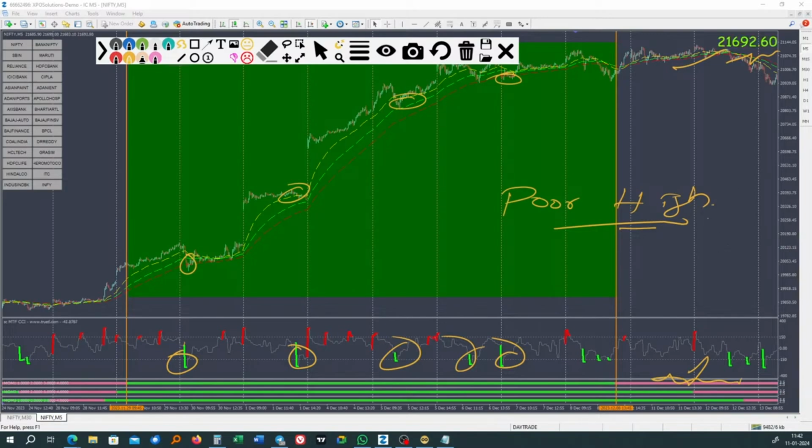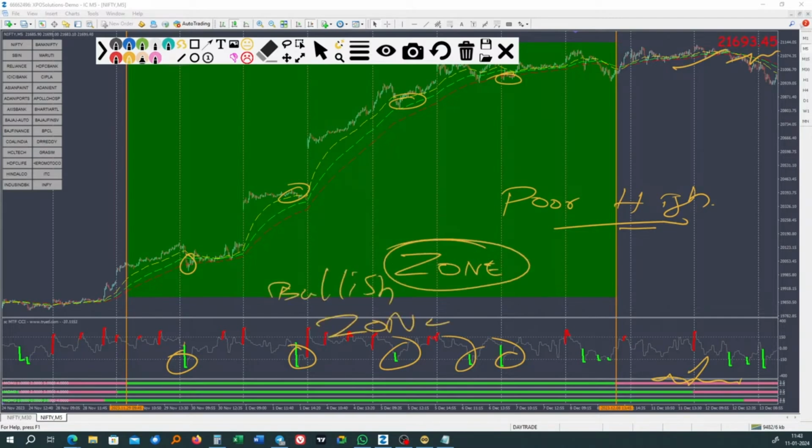These indicators will give you the zone, that comfortable zone for us to trade. It's a bullish zone, and the trade setup comes, there is a trend, there is a momentum, and then the pullback comes. This is where our trigger is supposed to enter.